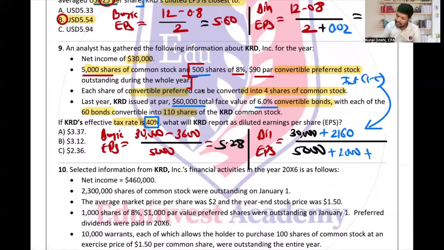So 60 into 110, that translates into 6,600 additional shares. Now if you calculate the numerator, 30,000 plus 2,160, that is 32,160. Store 1 on the numerator. Denominator, 5,000 plus 2,000 plus 6,600, that is 13,600. Store 2. Recall 1, divide by recall 2. I've got my answer. Let me know what's your answer.